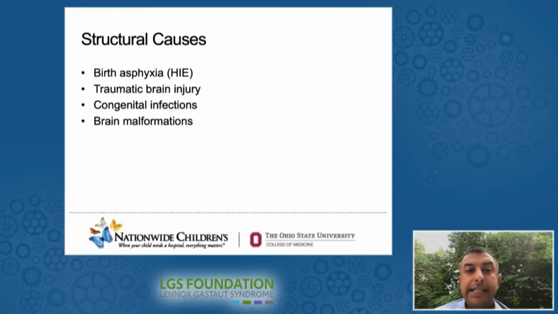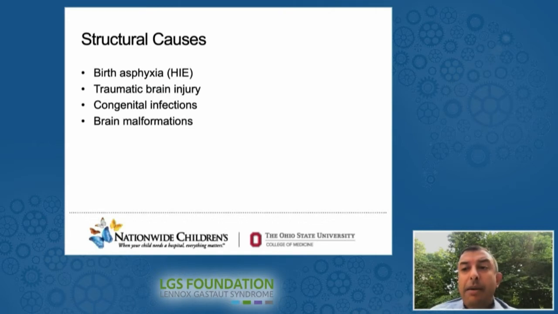Don't forget that it's not all related to HIE, that in some cases, LGS comes about after a traumatic brain injury, after a motor vehicle crash or some other trauma to the brain that changes the structural content in those cells. We talk about congenital infections as also a potential etiology, again, focusing this on the neonatal period or in the early life periods.